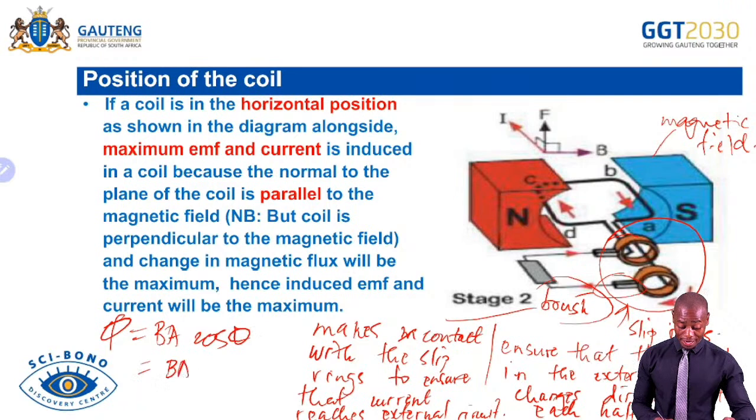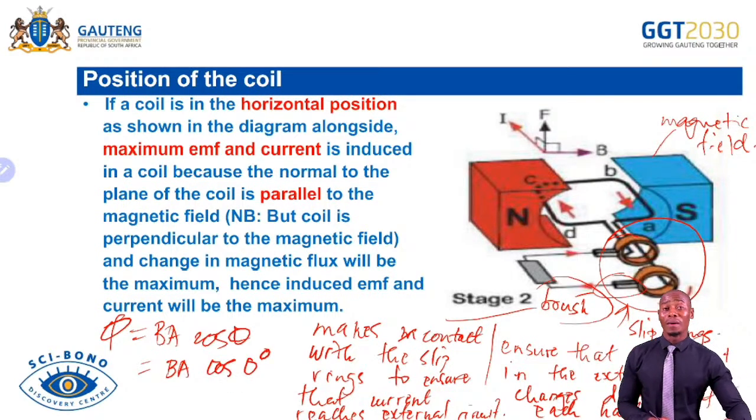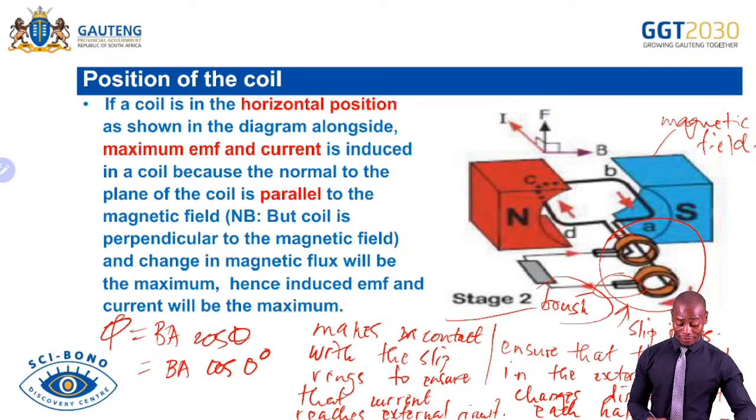Then you have BA cos 0 degrees. So the angle between the normal and the magnetic field will be 0 degrees, and then your magnetic flux will be the maximum.